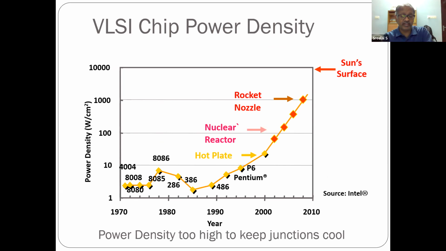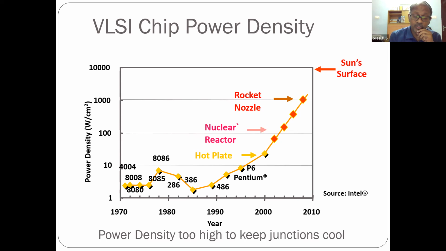This is another graphic which illustrates how the power density, in watts per centimeter squared, has been increasing as the various generations of IC technology have been introduced. From very early times in the 1970s, when devices such as the 8008 and 8080 microprocessors were used, to the present new generation of Intel processors, we can see how the power density has been rising.